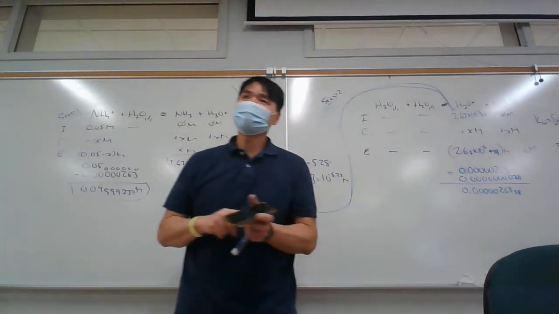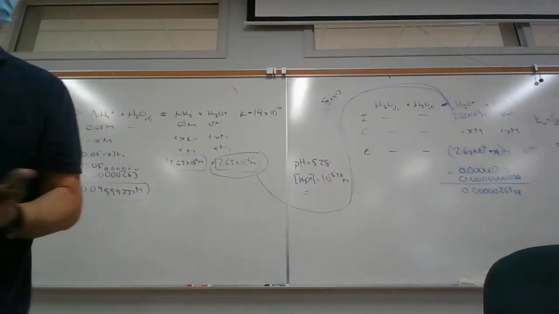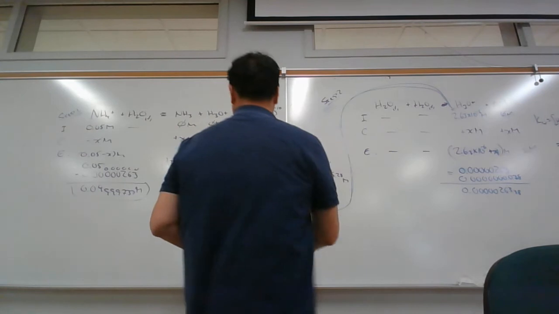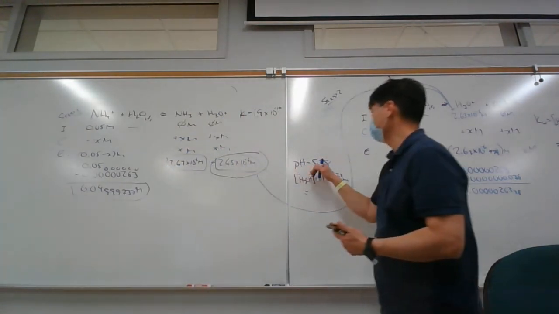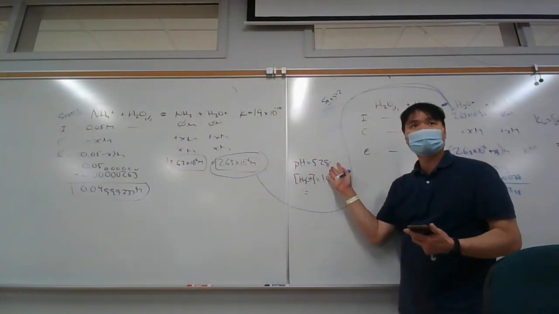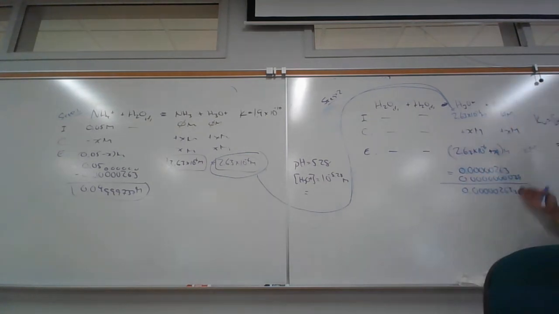Okay, did that change the pH much? Let's go ahead and calculate the pH. If I stopped at step 1, the pH came out to 5.28. Is that correct? If I add the additional hydronium here, how much did the pH change?